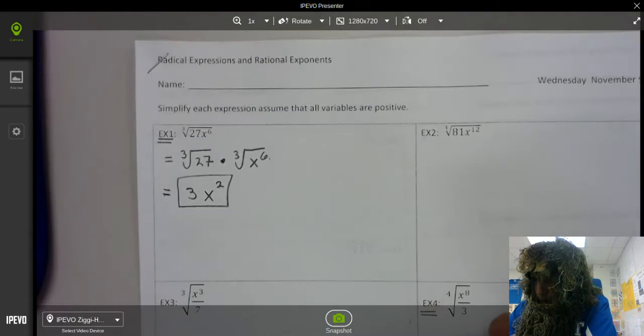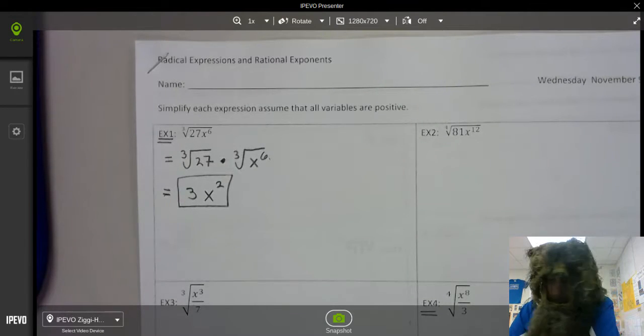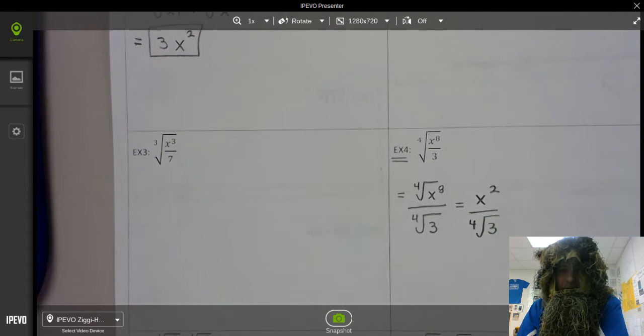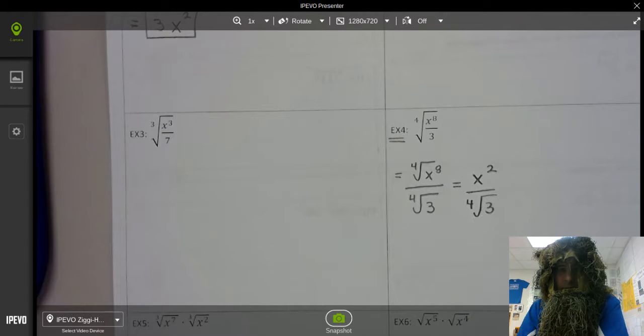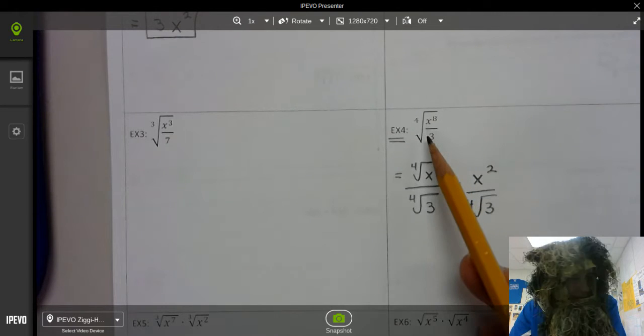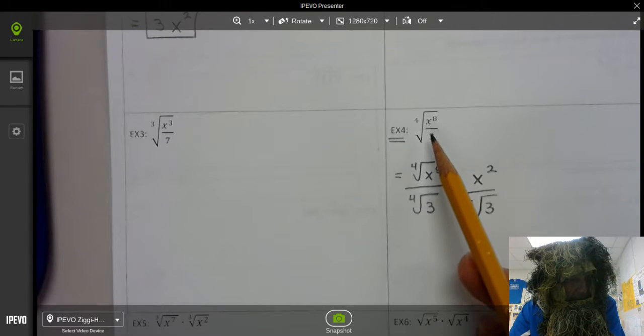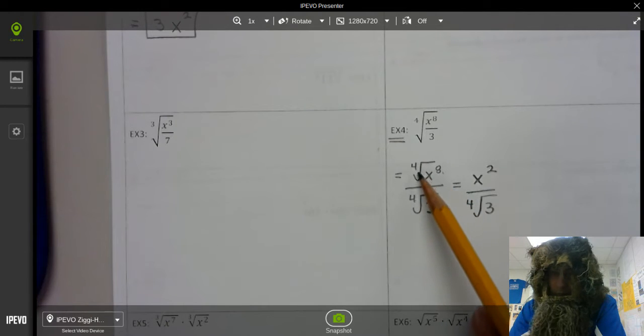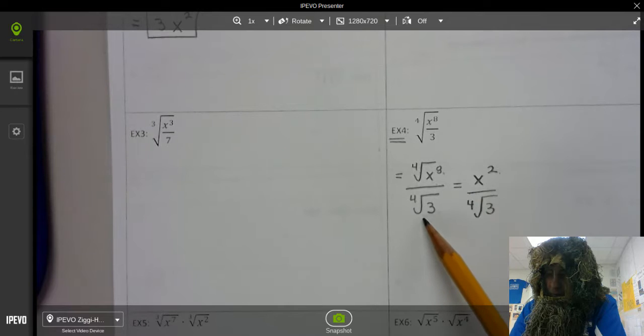We know that the fourth root of x to the eighth is x squared, and the fourth root of 3 is just the fourth root of 3.